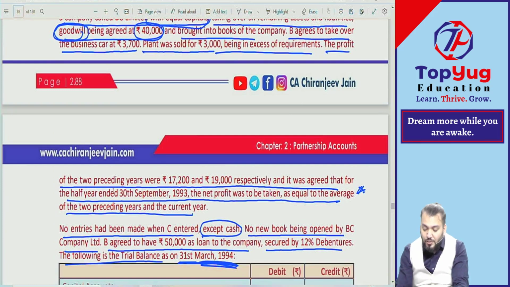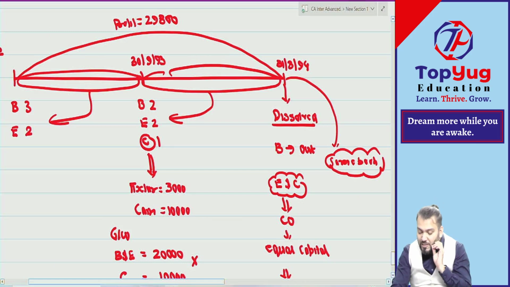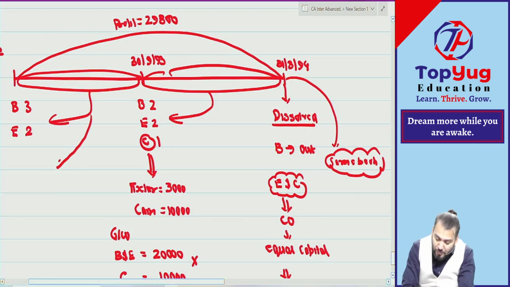The profit of the two preceding years, okay? And it was agreed that for the half year ended 30th September 1993, the net profit must be taken as equal to the average of the two preceding years and the current year profit. Understood? What they are saying is this profit will be equal to what?